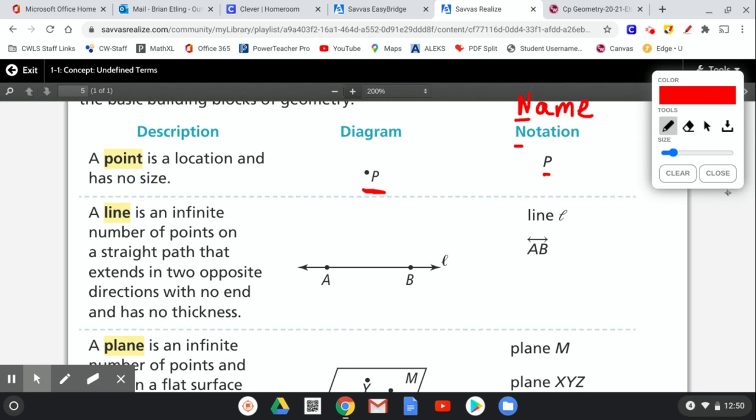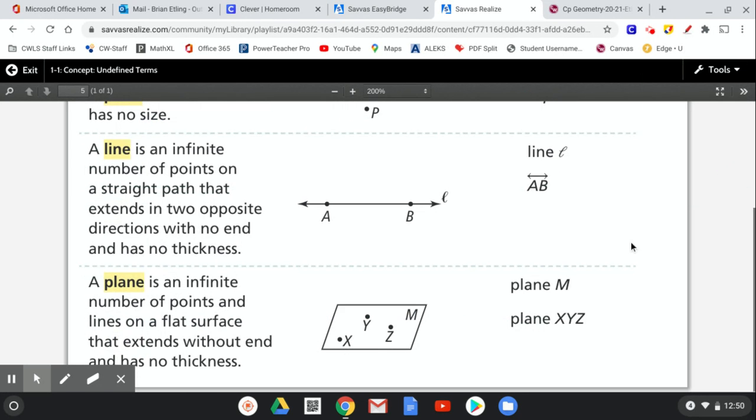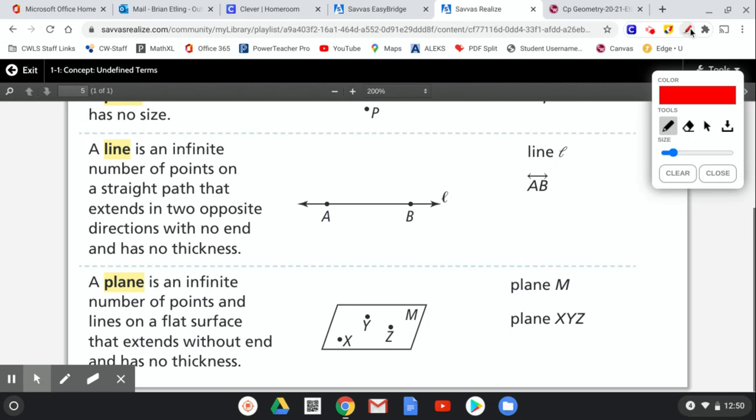Now, if we move on to the second one, it's line. A line is an infinite number of points. They only give us two points, and you'll see why in a second, but it extends in opposite directions forever. These two arrows mean that it extends in those two directions forever.